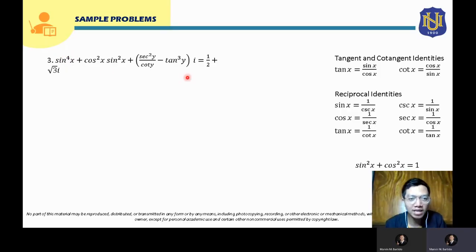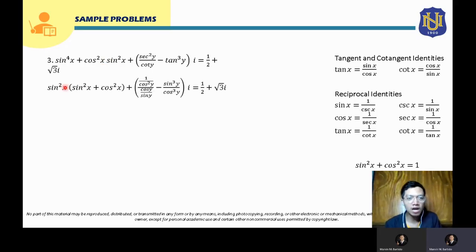Simplifying the left side, analyzing this, we can actually factor out sine squared x from here and from here. Factoring that out, this will become sine squared x times the quantity sine squared x plus cosine squared x. From that, we can also simplify this term.